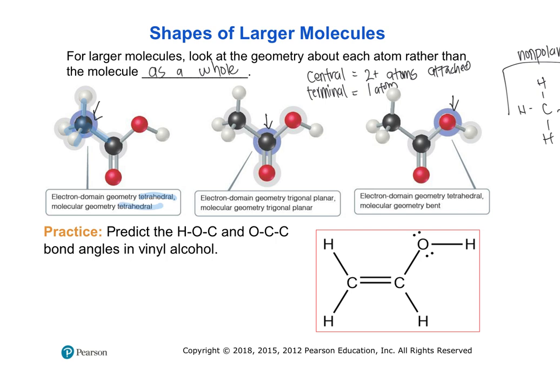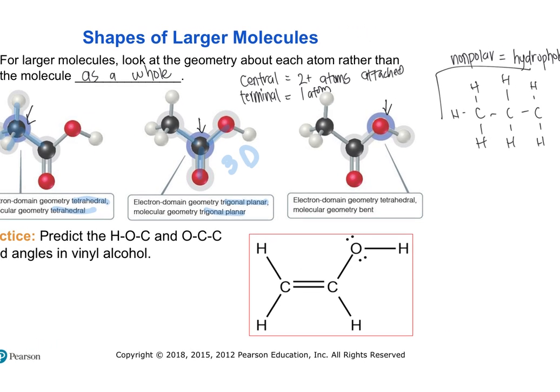Here for this center carbon, we have one atom towards another carbon, one to the oxygen, and a double bond over here to another oxygen. So 3 domains, making this trigonal planar, and molecular is also trigonal planar. Now, if we look over at the one on the right, we have an oxygen.